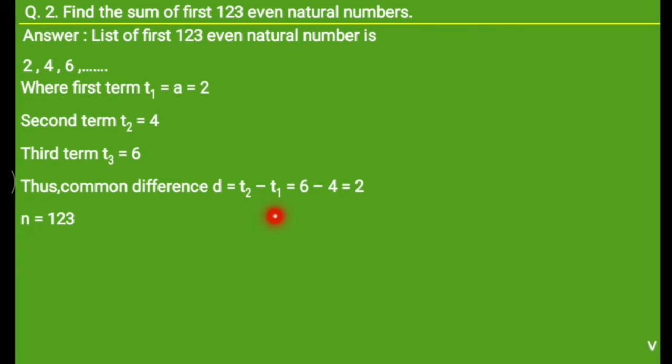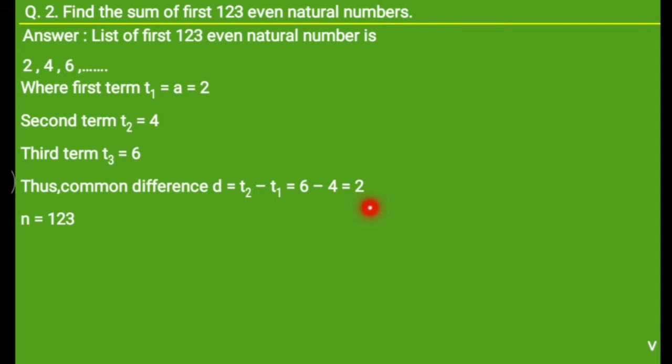So value of t2 we can replace by 4, value of t1 we replace by 2. So 4 minus 2, or you can write t3 minus t2, which is 6 minus 4. Again you get the value as 2.